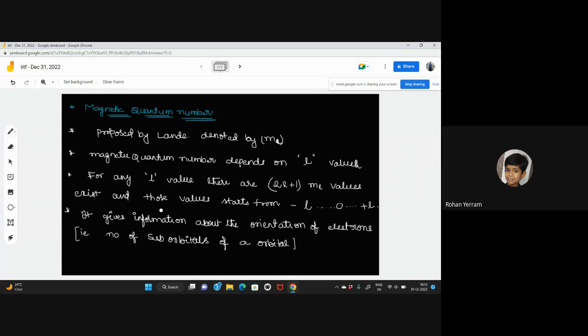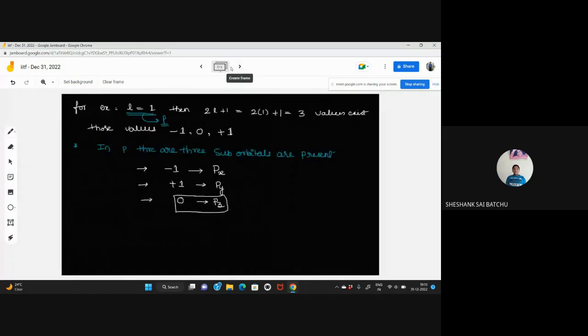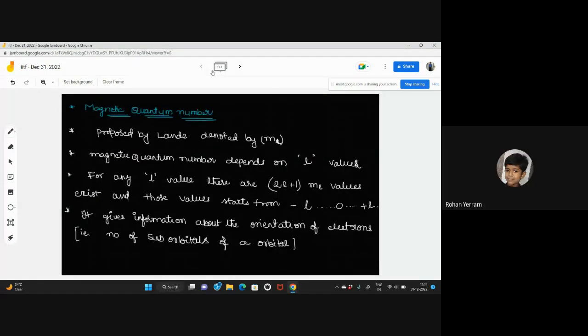Sir, here L means the azimuthal quantum number value only, sir. Here p means it's an orbital, and in that the suborbitals are px, py, pz, sir. Sir, there are 1p, 2p, 3p, 4p values, and in those again px, py, pz.